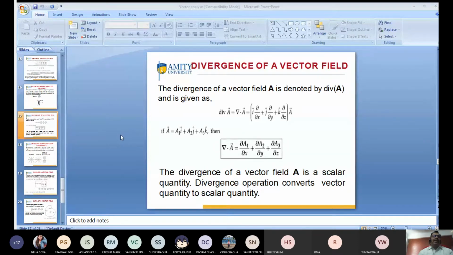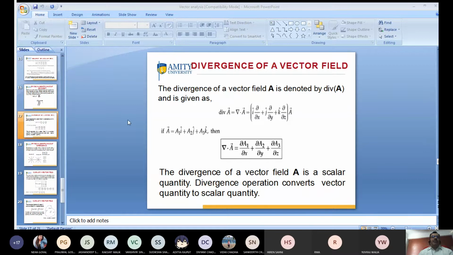This is the vector quantity A. It may be Ax, Ay, it depends on you. Whatever the vector quantity, no problem. So I suppose A is a vector quantity and vector A can be expressed as A1 i plus A2 j plus A3 k. Then you can write divergence of A is equal to i dot i, which is 1. This is dot product. Do you get my point?